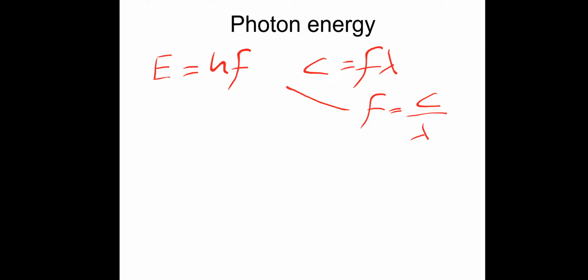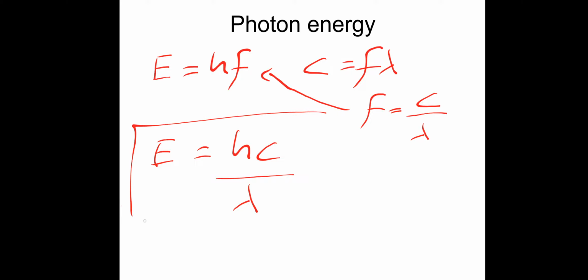And then I'm just going to substitute that into this first equation. So energy will be equal to H, and instead of frequency, it will be C over lambda. So HC over lambda. Just another variation of the equation. Can prove very useful. So make sure you got it written down. And then let's move on.